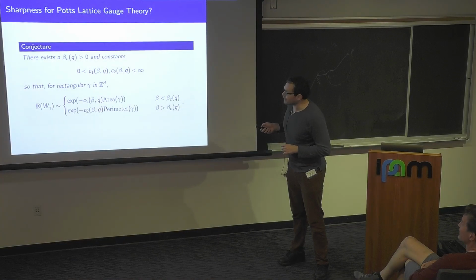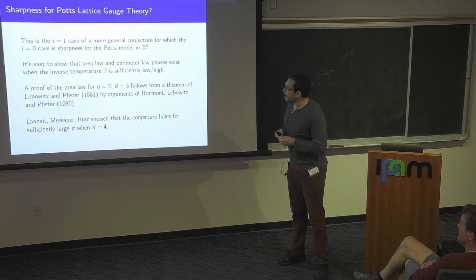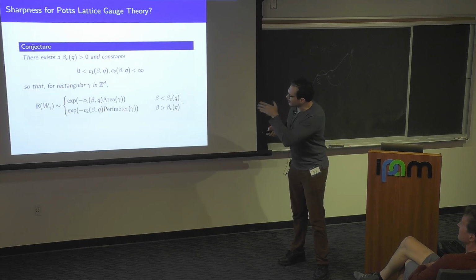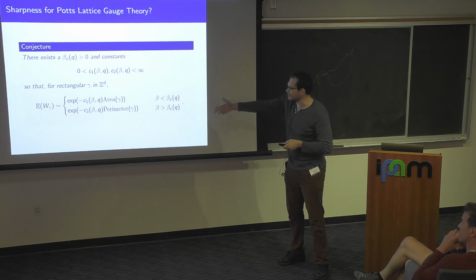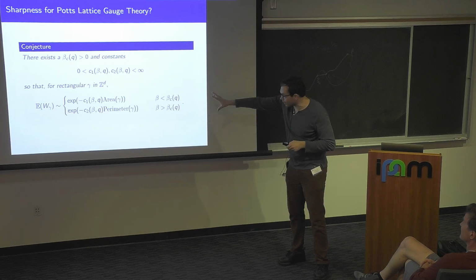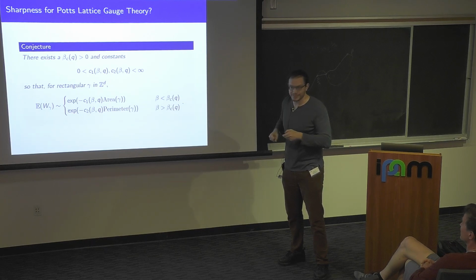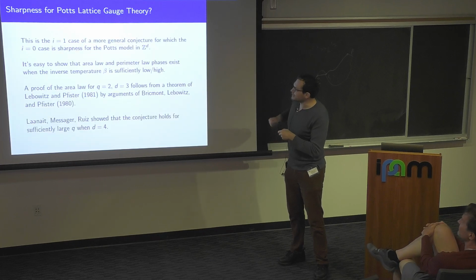All right, so what is known about this conjecture? So notice that actually I could come here and I could assign spins to I-dimensional cells, and we get a corresponding conjecture where area is replaced with volume, and perimeter is replaced by surface area. So what happens when we take I equals 0?